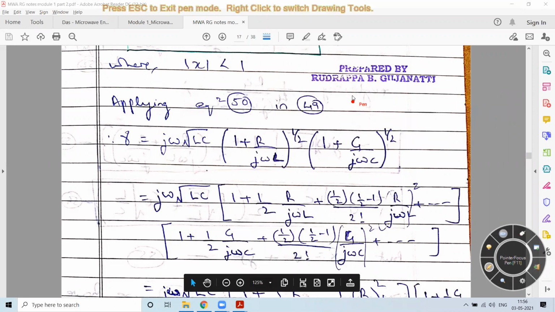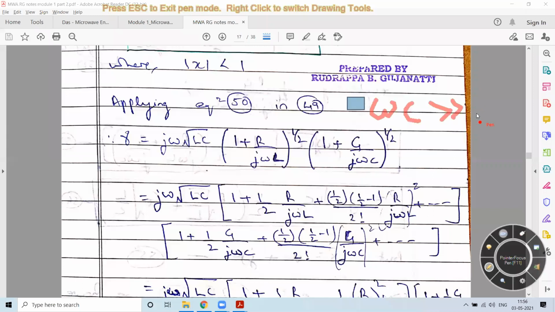Similarly, omega C is very much greater than the conductance. Now here, this is not a problem, but as we move further, if you just see, what you are having is r square divided by (j omega L) the whole square.